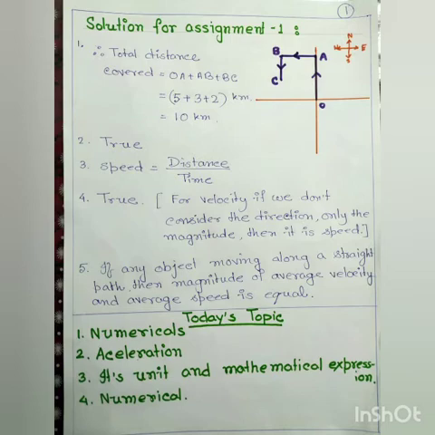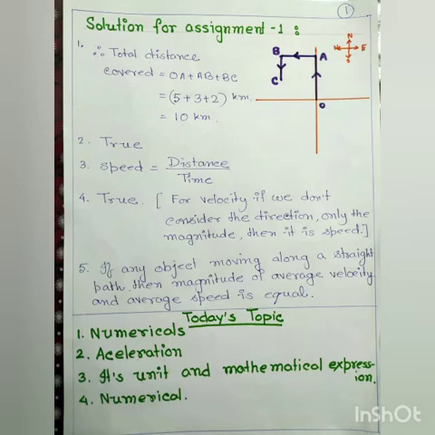Then he travels towards west 3 km, and let us consider he reaches the point B, and then he travels towards south 2 km and the final point is C. So the total distance covered here will be OA plus AB plus BC, that is 5 plus 3 plus 2 km, and total distance here will be 10 km.